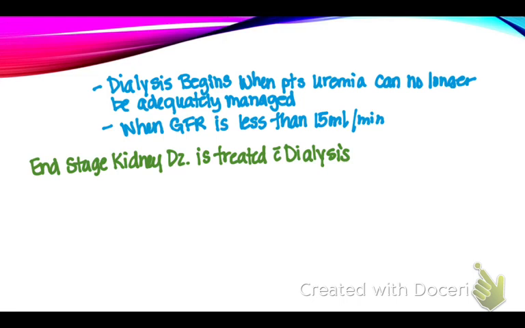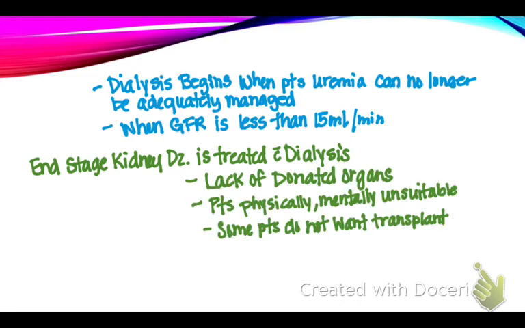End-stage disease is treated with dialysis usually because of a lack of donated organs, and patients sometimes being physically or mentally unsuitable for a transplant. Some people do not want a transplant, and some people decide they don't want to go on dialysis. We've taken care of them at clinical. Some patients are 75 years old and their kidneys have failed, and they decide, I just want palliative care, or I want hospice.